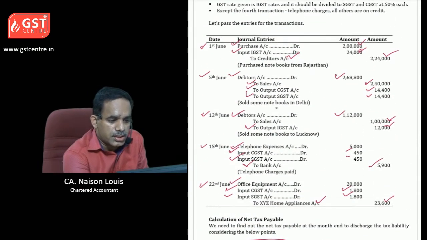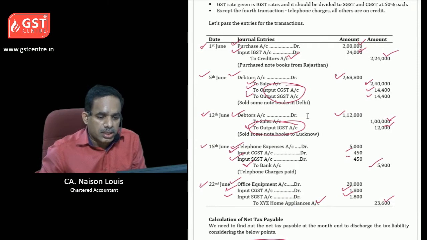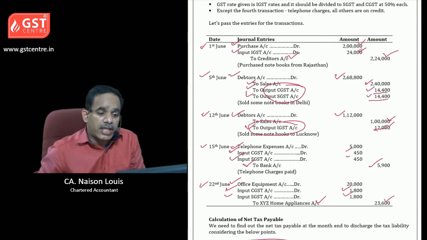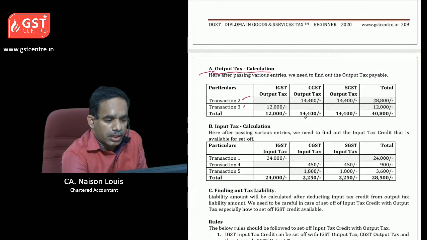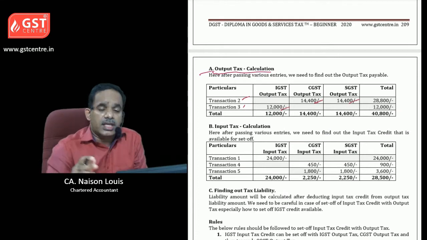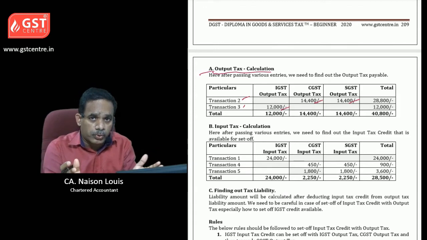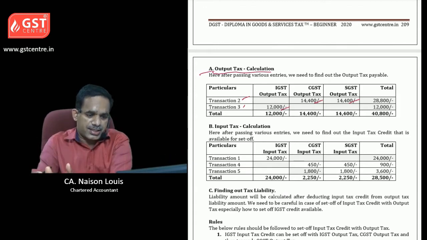In the second it is output CGST account and output SGST account, and the third transaction is output IGST account. So it is 14,400 and it is 12,000. That should be picked up to the table. So transaction 2 is 14,400 and transaction 3 is 12,000. Clear? So we want to take only output tax separately for IGST, CGST and SGST.